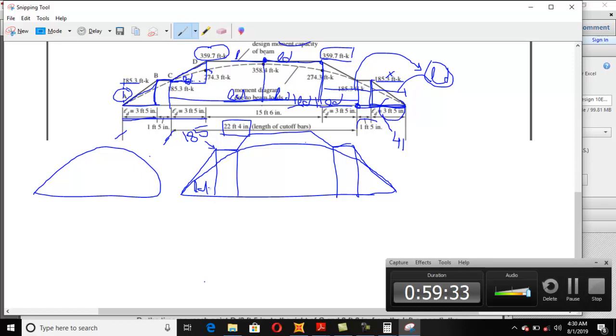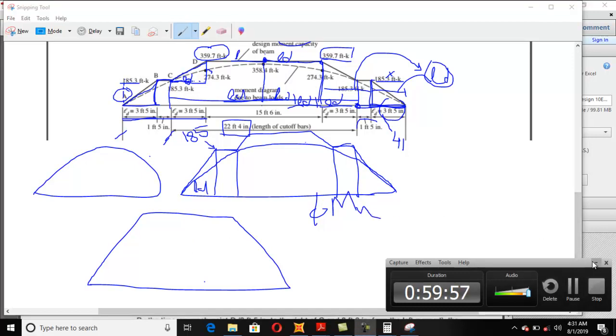So the theme of this question is that at every point, if you draw your capacity diagram, which is the moment capacity diagram, which is based upon the phi Mn value, clear?